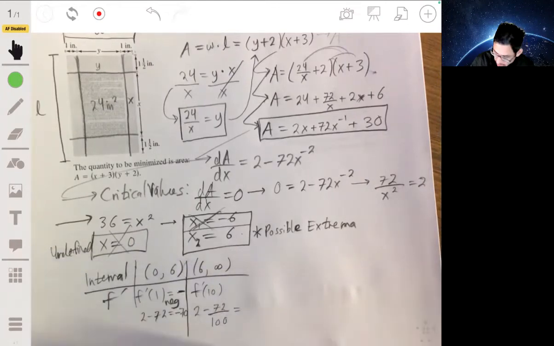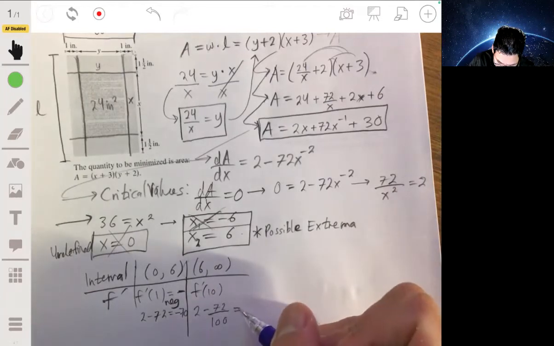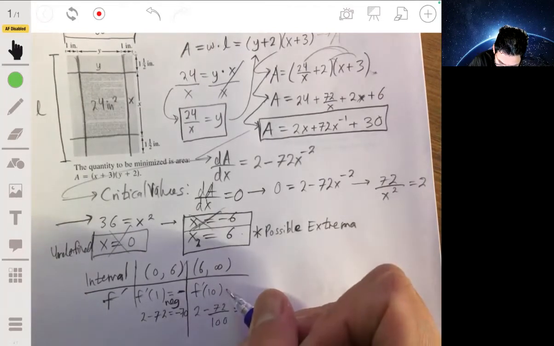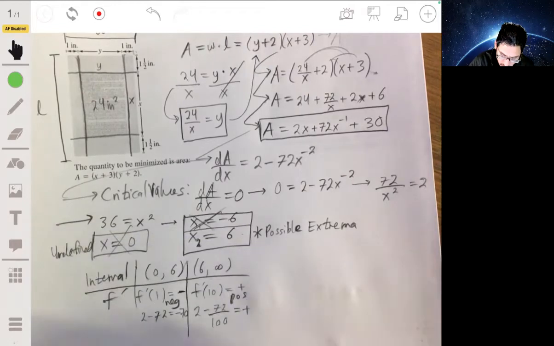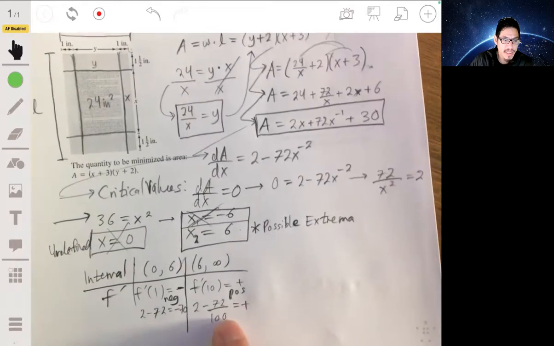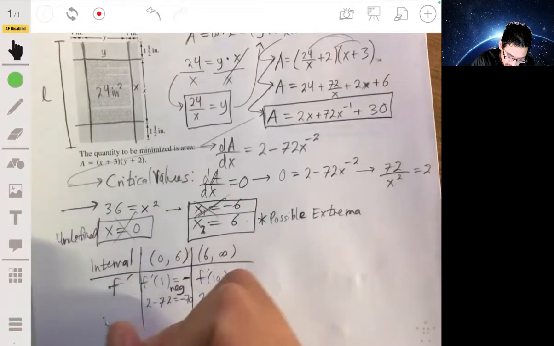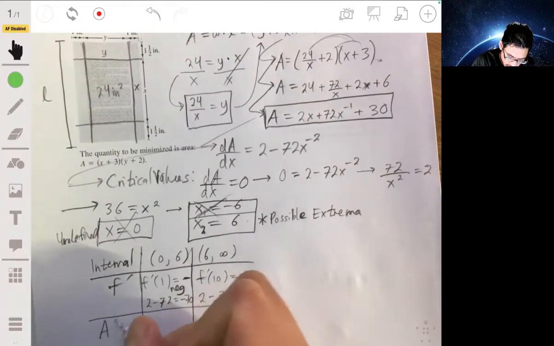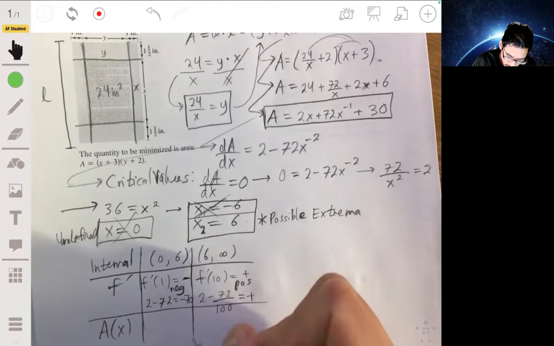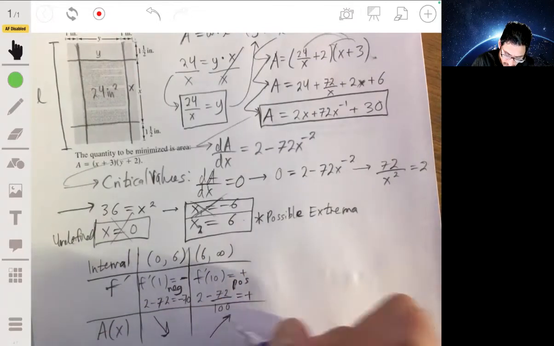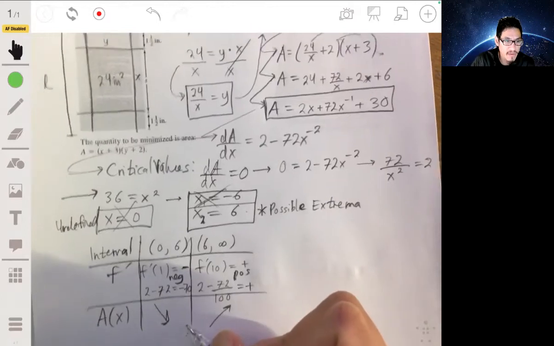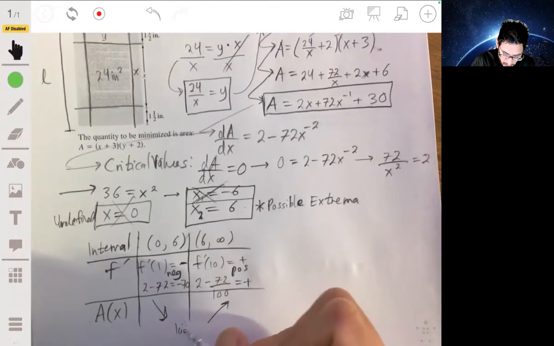So this is going to be a positive number, because 2 minus something less than 1 will be positive. So then we know that the area is going to be decreasing before 6 and increasing after 6. So then we know we're going to have a local minimum here.